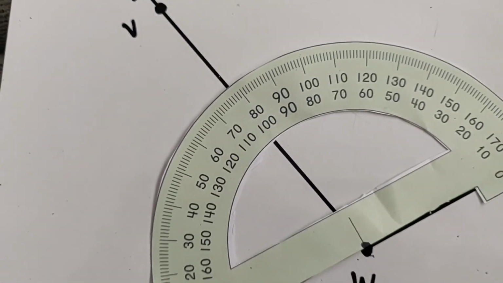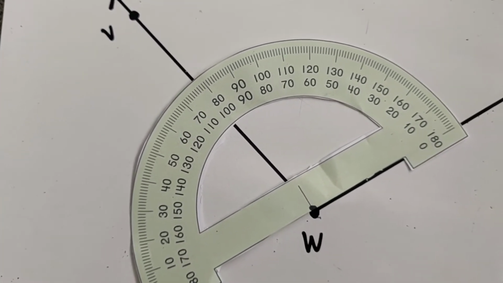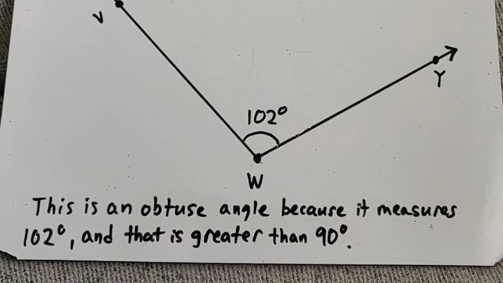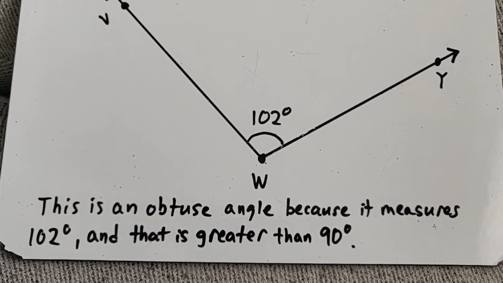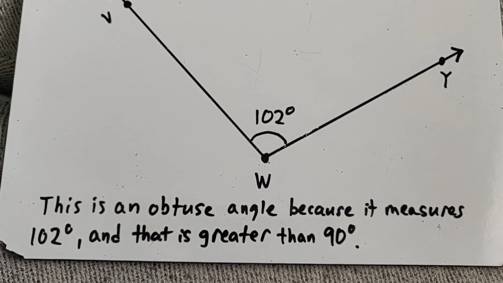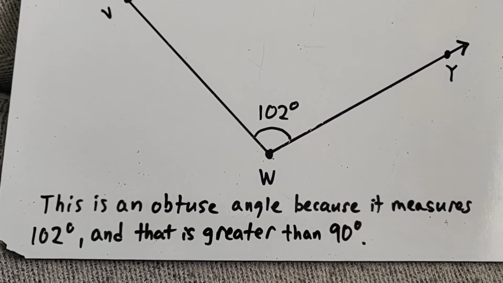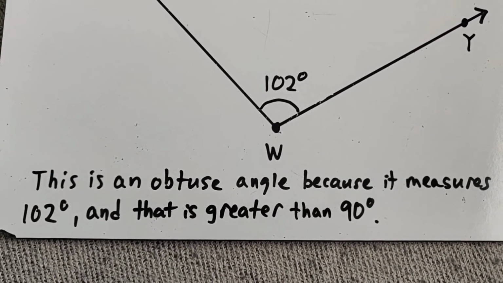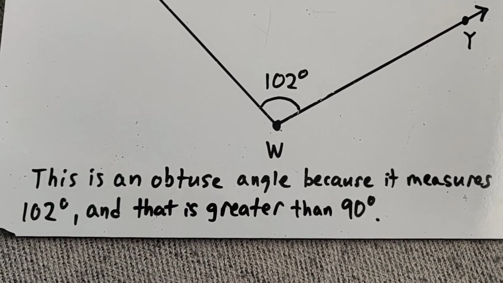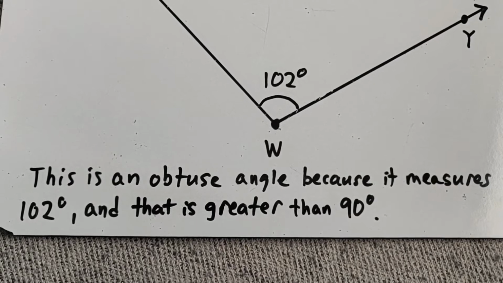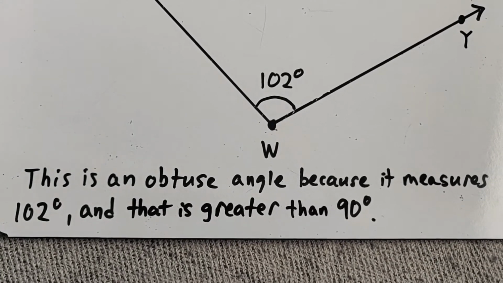So if you said something like that, you're correct. And then you should have recognized that because it's 102 degrees, it's an obtuse angle. And the way I would write that is, this is an obtuse angle because it measures 102 degrees, and that's greater than 90 degrees.